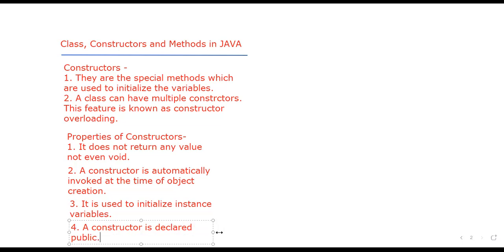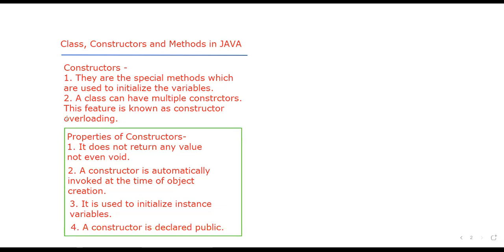So a constructor is declared public by default. And we are making the constructor public only so that you can create the objects. If it is declared private, you cannot create the objects beyond the scope of the class. So these are a few properties. And this is also some basics of constructor.